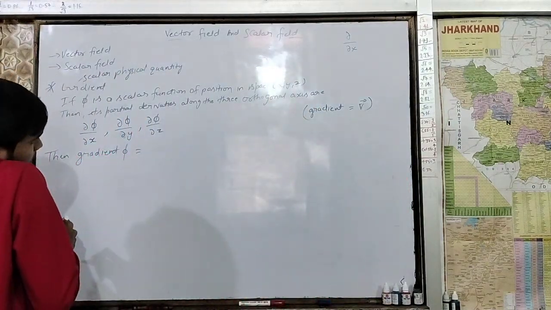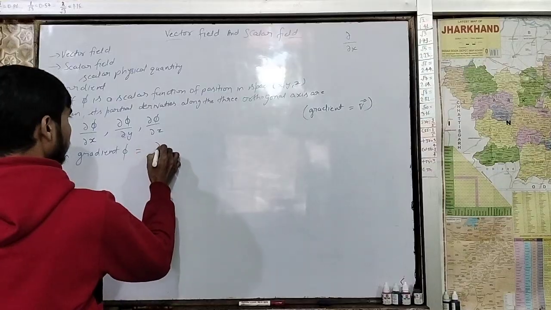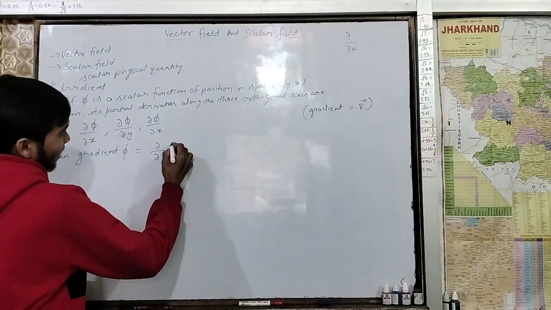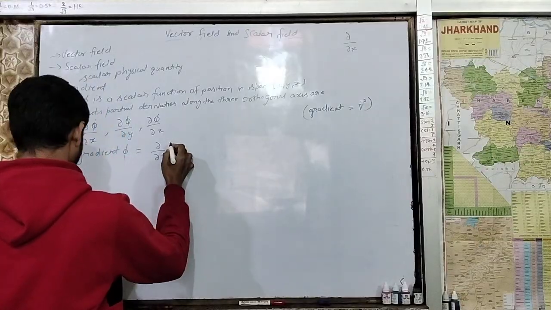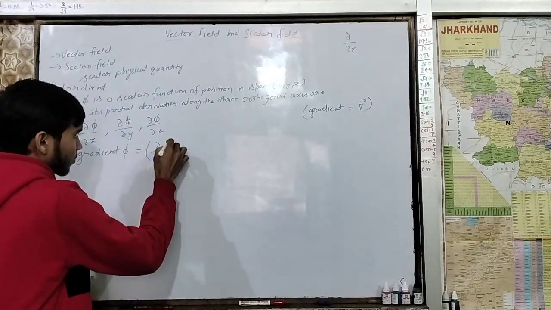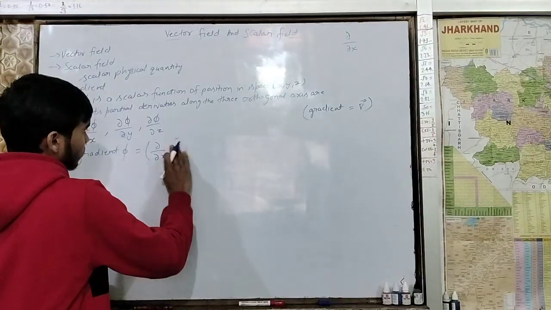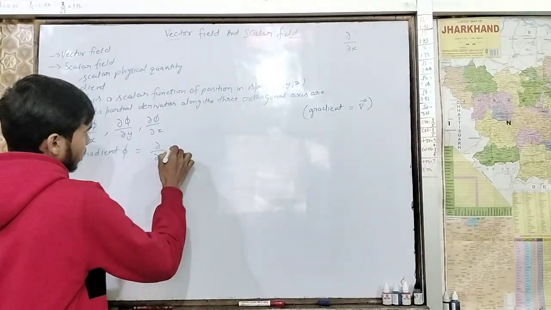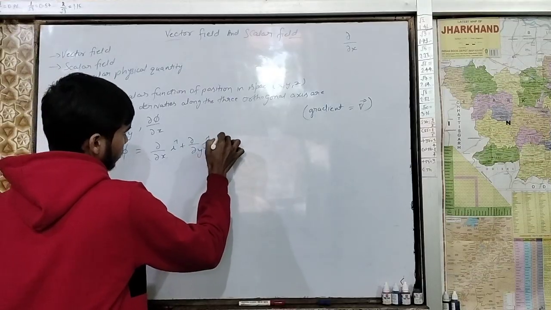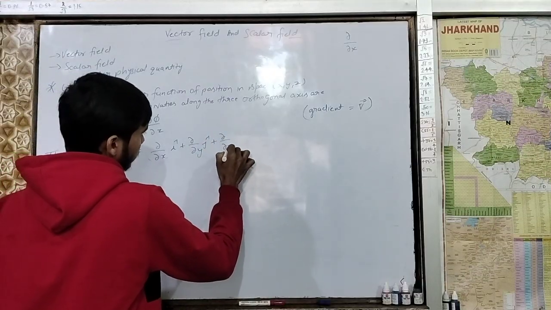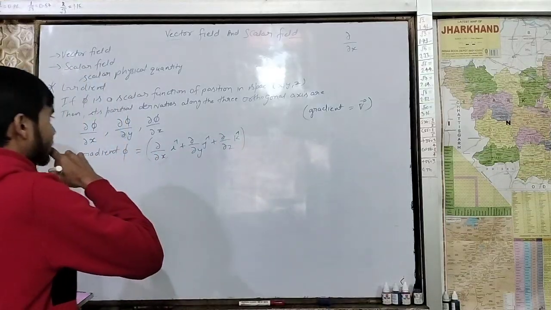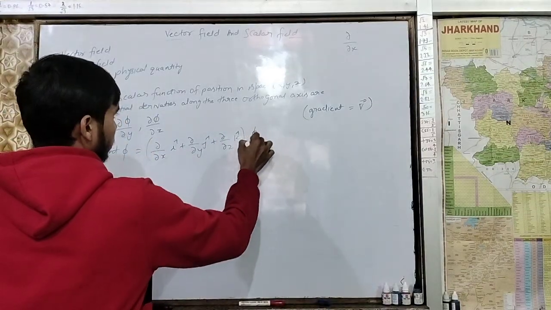So you can write this as d upon dx i cap plus d upon dy j cap plus d upon dz k cap, operating on phi.